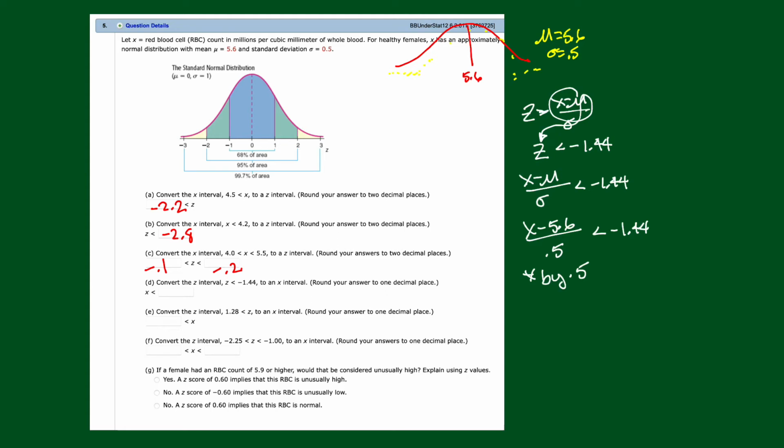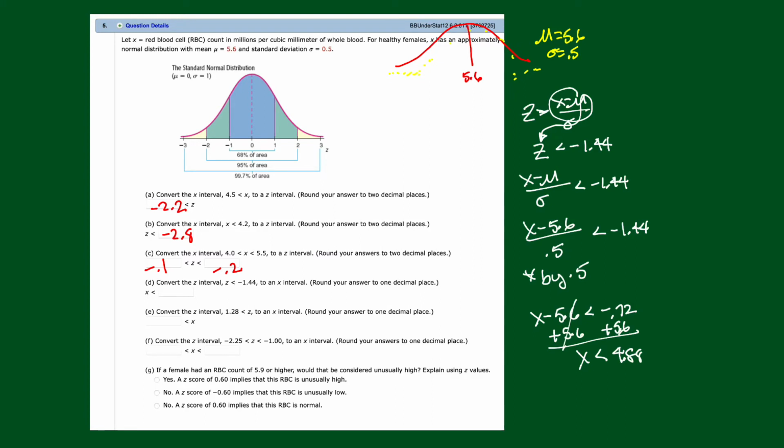On the right side, 0.5 times negative 1.44 is just half of that. So I get x minus 5.6 is less than negative 0.72. Now I'm going to add 5.6, and they cancel out on the left, so x is less than 4.88. There's my interval.